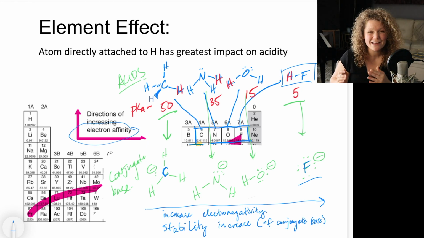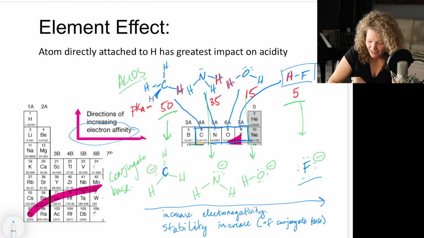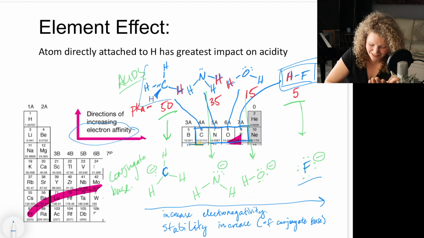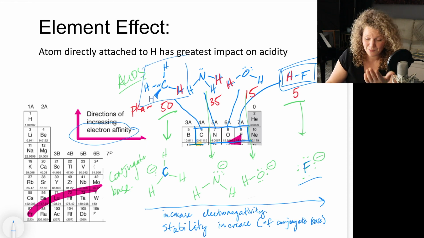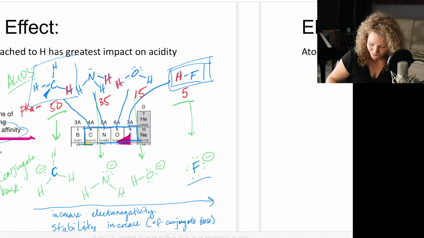So again, we're trying to stabilize this conjugate base. If it's more stable, it's more likely to form. And in the case of HF, it's more likely to lose that proton than, say, methane, because fluorine is totally happy with holding that negative charge.